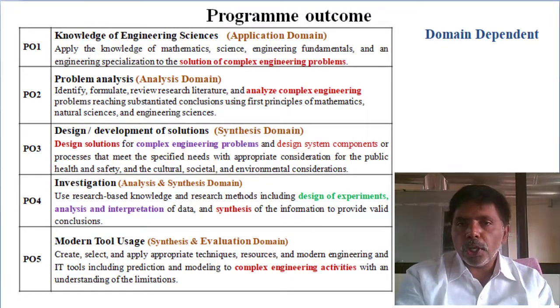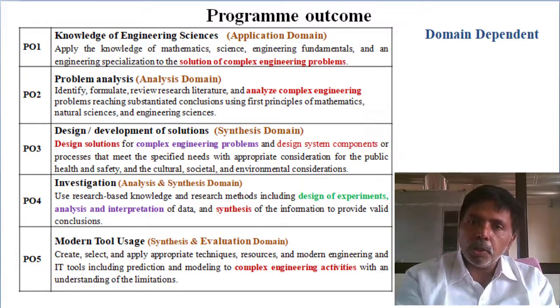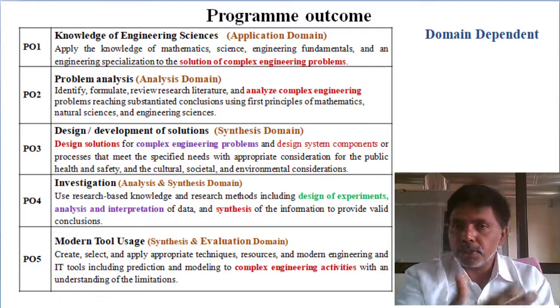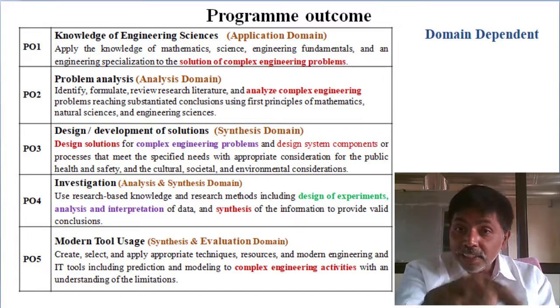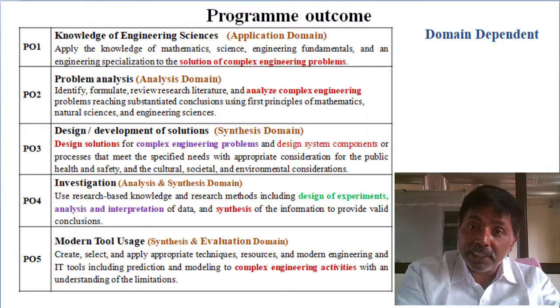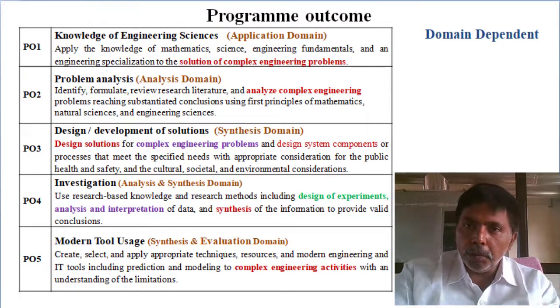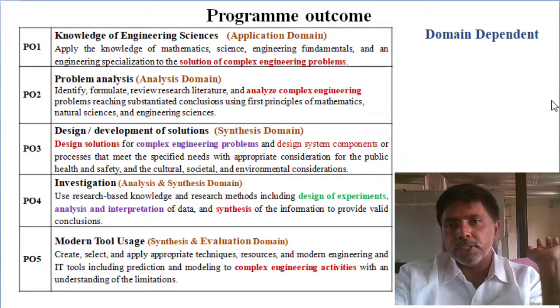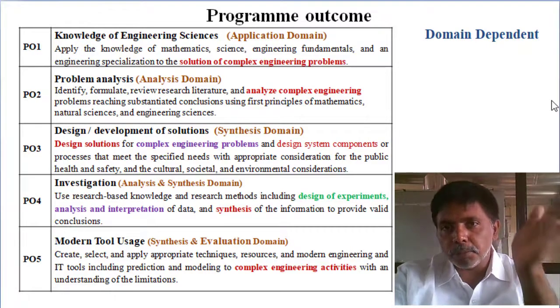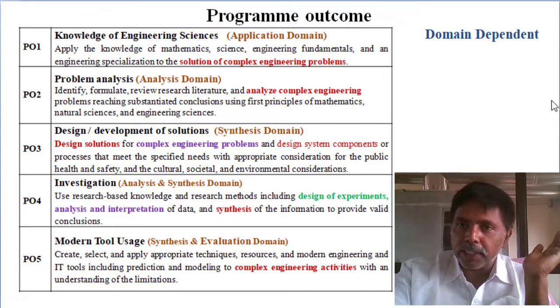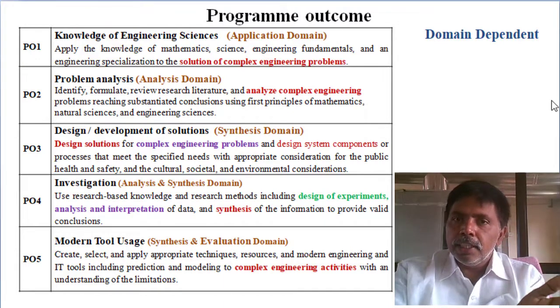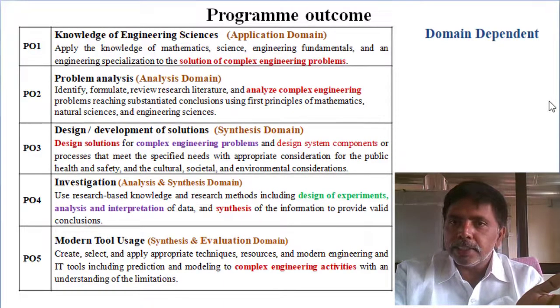These 5 program outcomes are expected based on our curriculum, by giving the syllabus and so on. These are the demonstration skills they expect along with the marks. Only marks expected, that is output-based education. With the marks, some demonstration skill they expect. These are the 5 domain dependent skills.